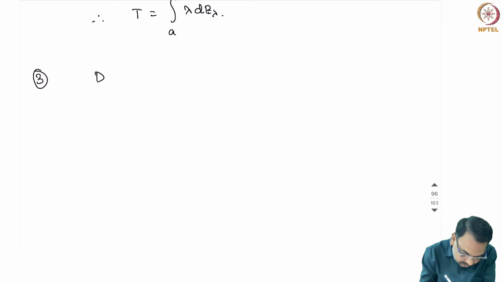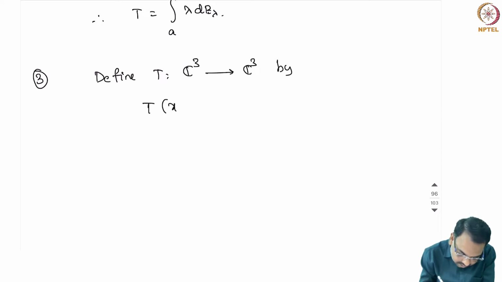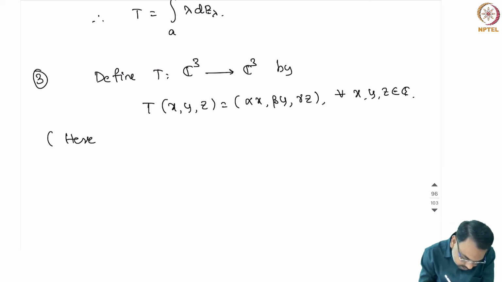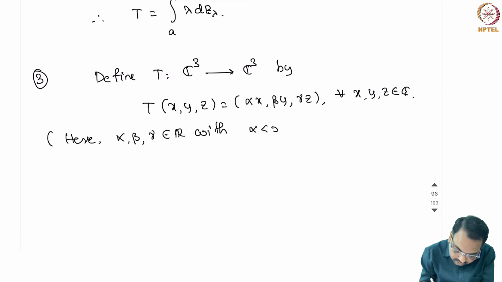Let us define T from C3 into C3 by T of x y z as alpha x, beta y, gamma z, for all x y z in C. So here alpha, beta, gamma are real numbers with alpha less than beta less than gamma.